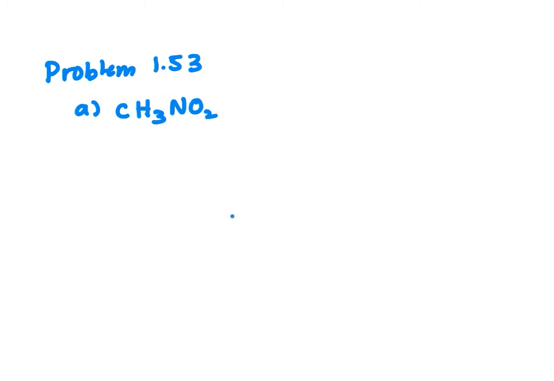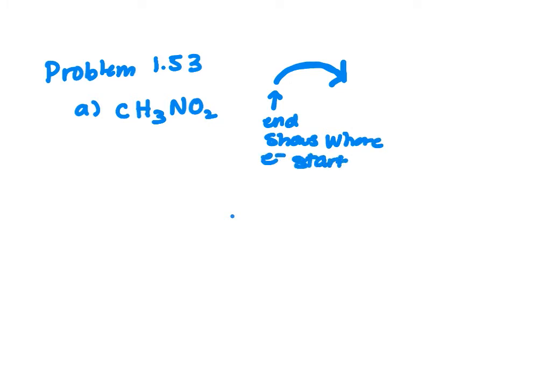A curved arrow shows the movement of electrons. When you have a curved arrow, the end of the arrow shows where the electrons start. The arrowhead shows where electrons end. So this is going to be the first step in drawing mechanisms.